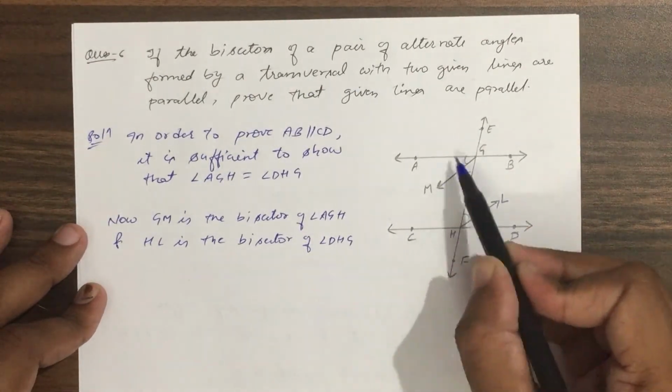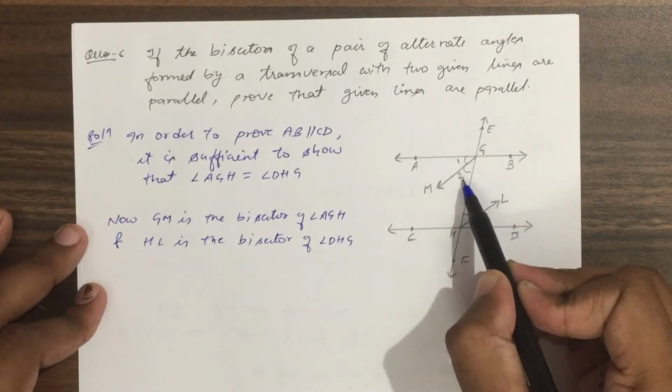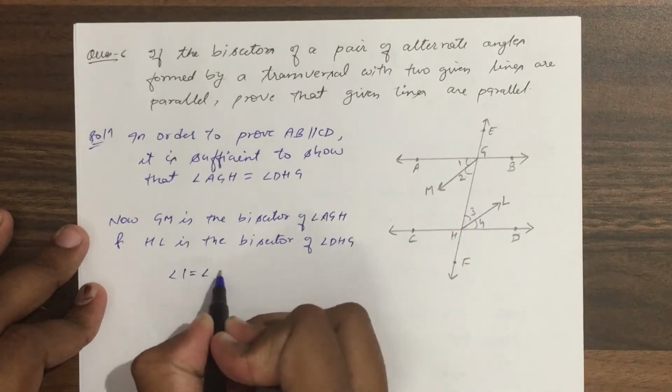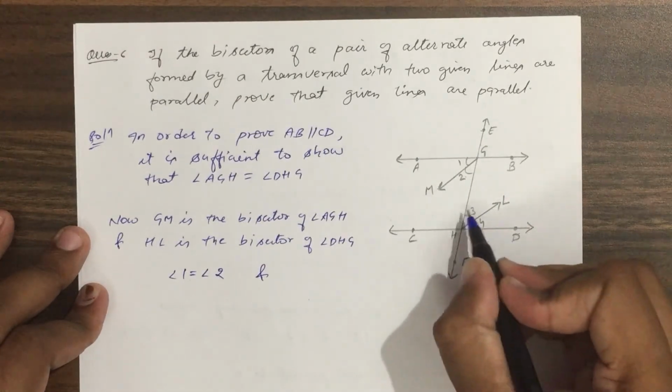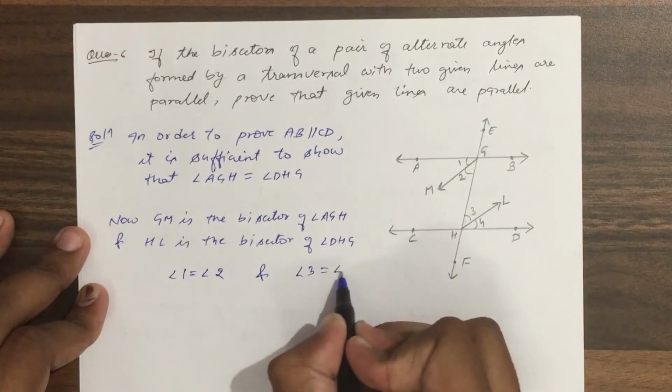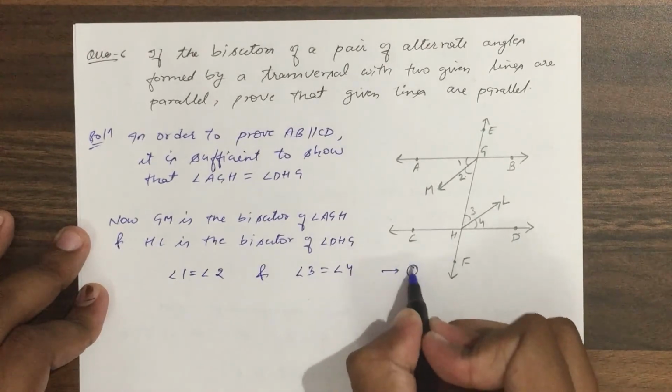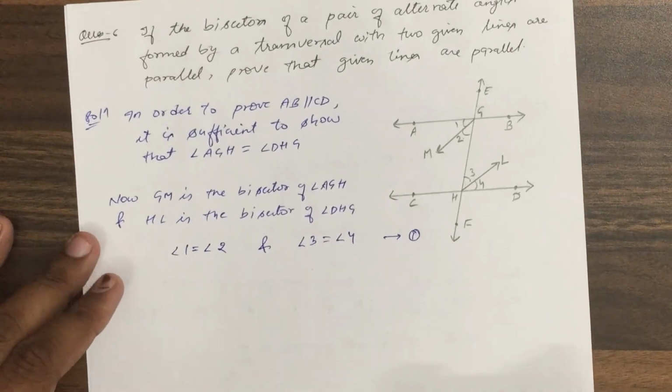Now since GM is the bisector of angle AGH, angle 1 will be equal to angle 2, and HL is the bisector of angle GHD, so angle 3 will be equal to angle 4. This will be your equation 1.